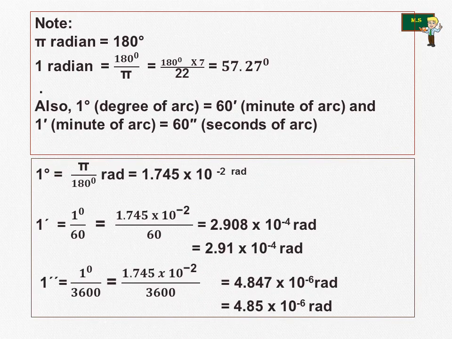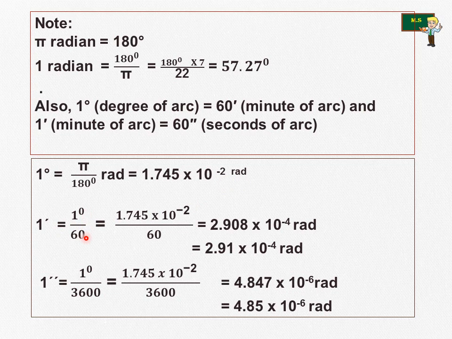Let's find the value of 1 degree. To find the value of 1 degree, as you know, you have to divide the 180 degree by pi. Pi by 180 degree radian is equal to 1.745 into 10 to the power minus 2 radian, and 1 minute of arc is equal to 1 degree divided by 60.